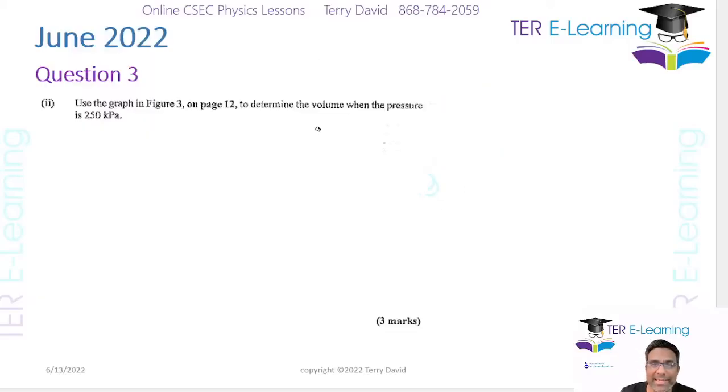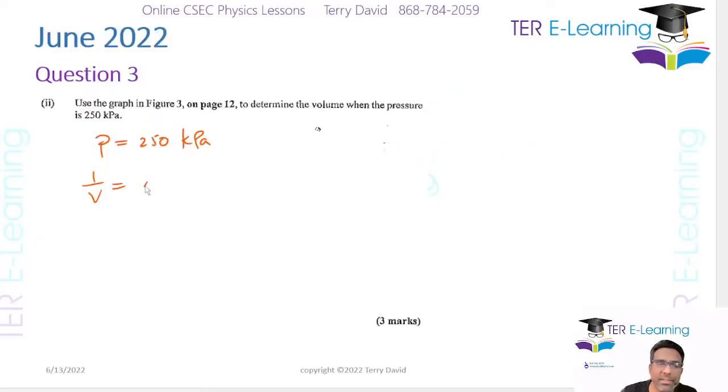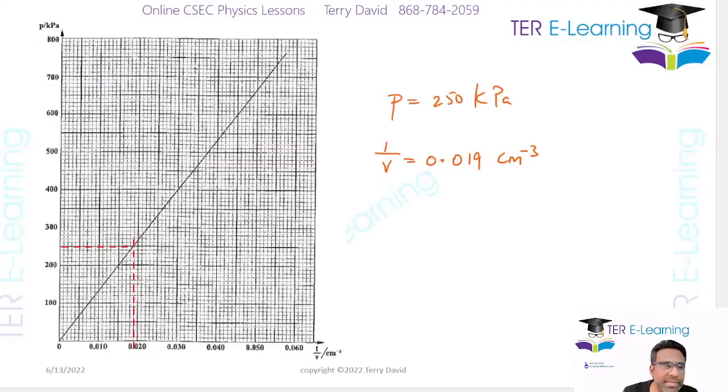But the question says, calculate the volume. So P is 250 kilopascal. From the graph, 1 over V I'm getting 0.019, and this is cm to the minus 3.